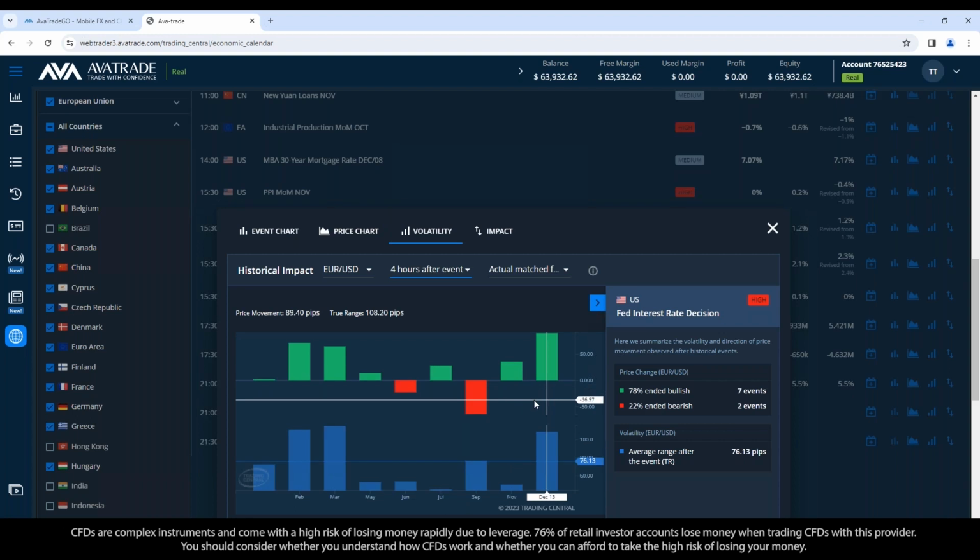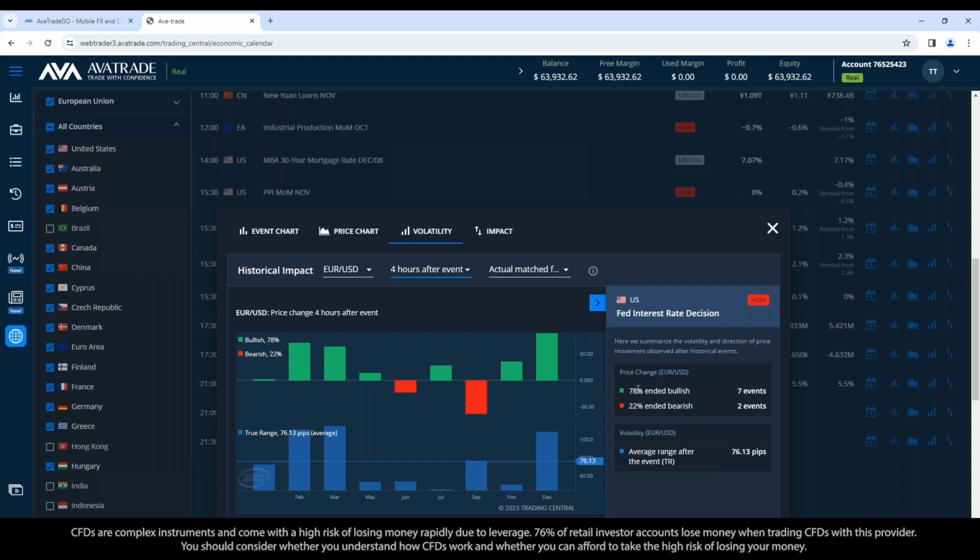GBP/USD, EUR/USD, waiting to see the numbers and being able to trade with hindsight, as they say, is 20/20, right? Hindsight has 20/20 vision, meaning you already know. You're not trying to guess that they were going to keep the interest rate the same. You can see it, already know, and then trade on a strategy like this, knowing what the average range movement has been in the past and the directionality percentage.